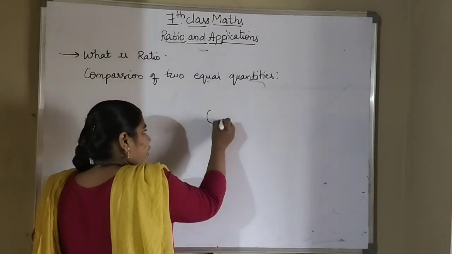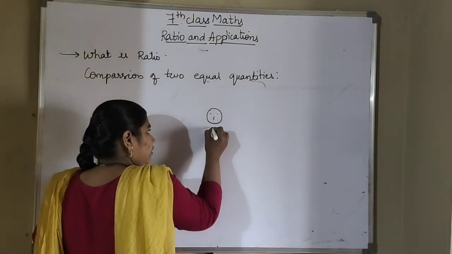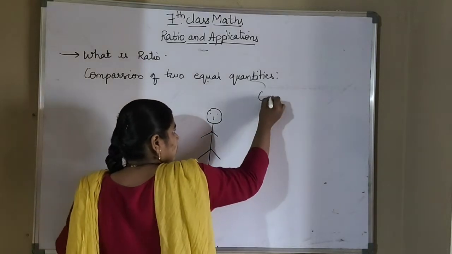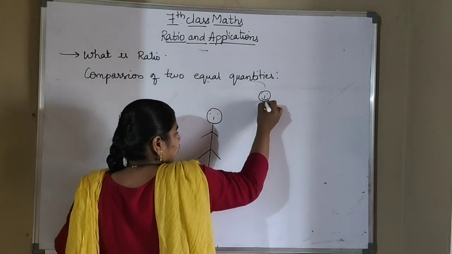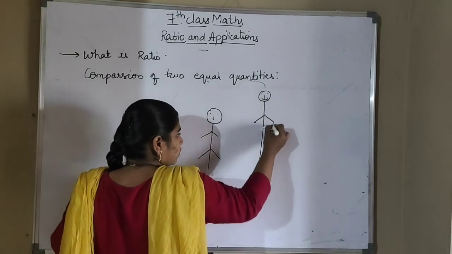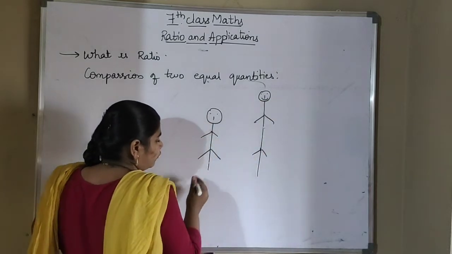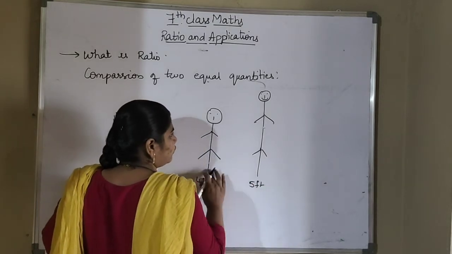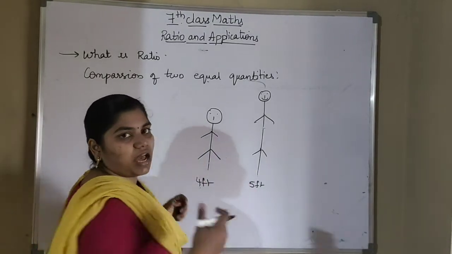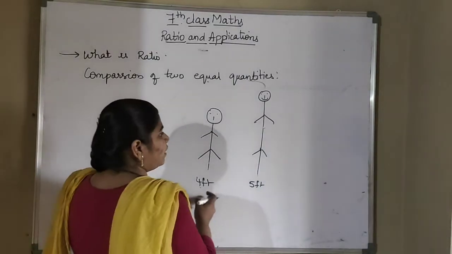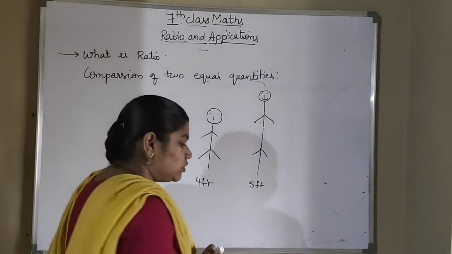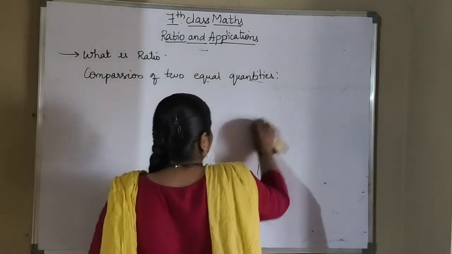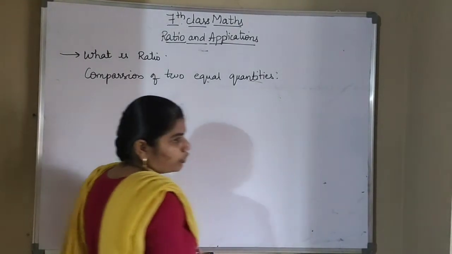That means if you are finding the height of one person, you are comparing the heights of two persons here. So if it is 4 feet, this will be 5 feet. For both persons you are comparing height only. You are not comparing height with weight. So ratio is nothing but comparison of two equal quantities.